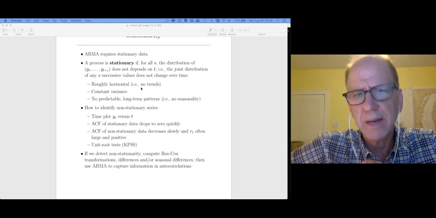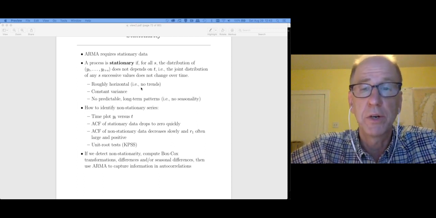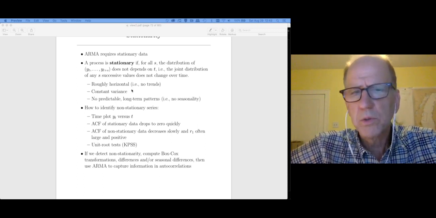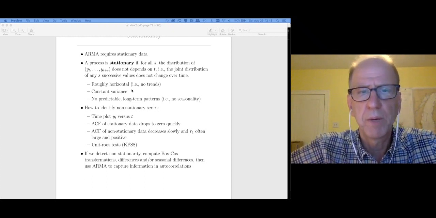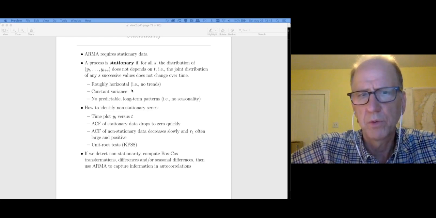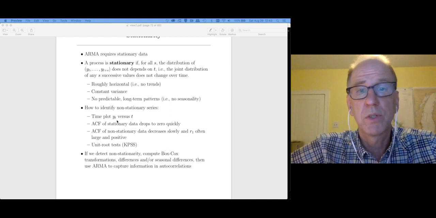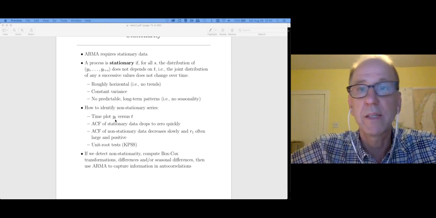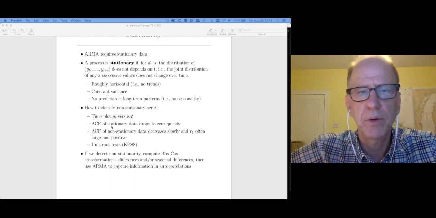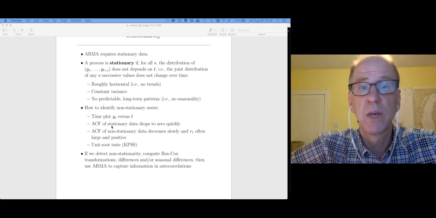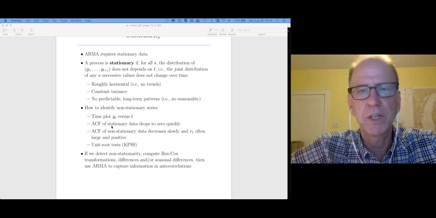How do we diagnose whether our time series is stationary or not? We're going to use a lot of the tools that we've already seen before, but maybe with a new eye to identifying stationarity. We start with just the time plot, so plot y_t versus t. We're going to look at our autocorrelation function. Remember, the autocorrelation function tells us the correlation between adjacent observations.